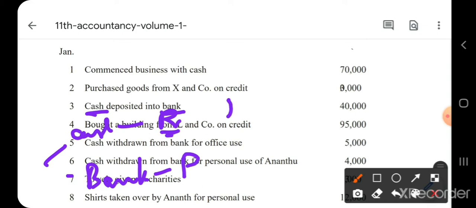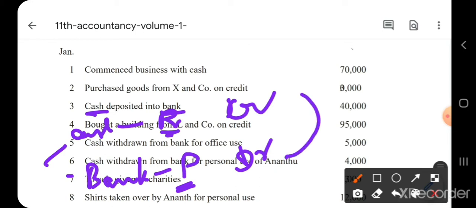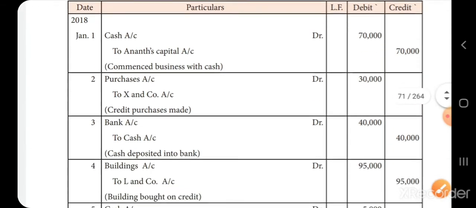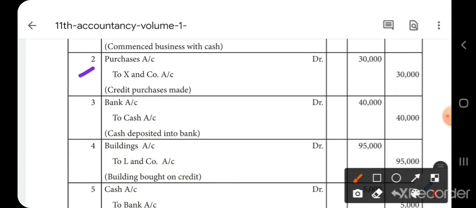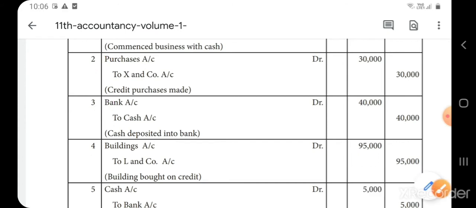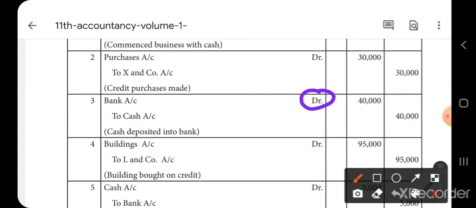Cash deposited into bank, that means the business is depositing the cash in the bank, so cash is going out of the business, so you credit cash, credit what goes out. Okay, personal account, what is the rule? Debit the receiver. Who is receiving the money? The bank is receiving, so debit the receiver. Okay, the entry will be bank account debit to cash account, cash deposited into bank. Okay, see the third entry here, bank to cash, 40,000. Okay, you should always write this debit here.